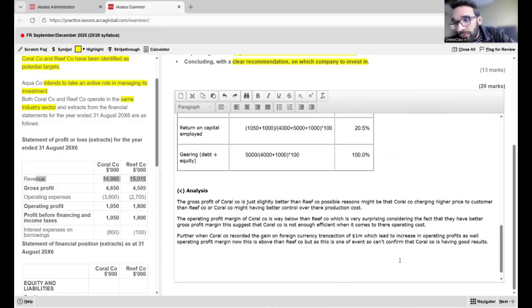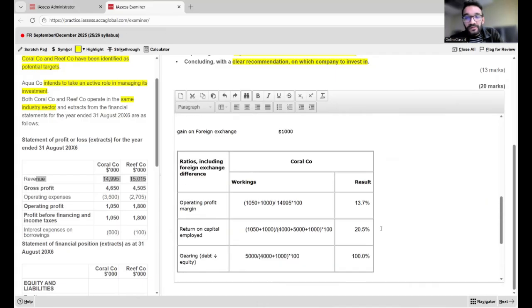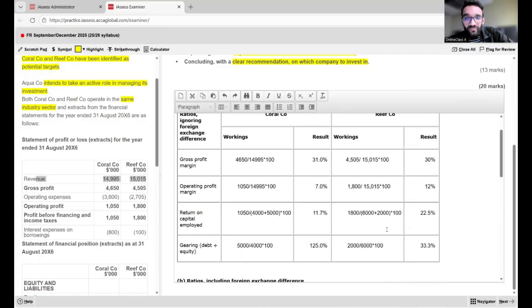Now, if we talk further about the ROC, it's very common, considering that their operating profit margin is lower, their ROC is also lower than the reef company, right?